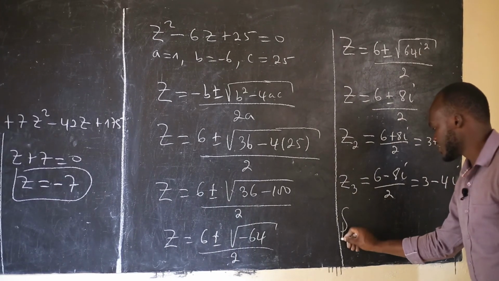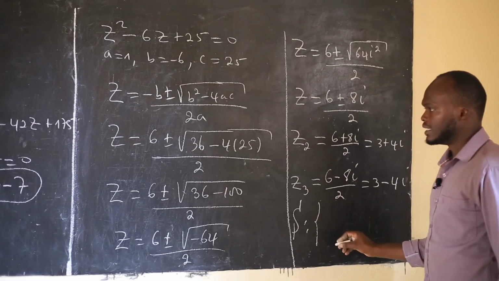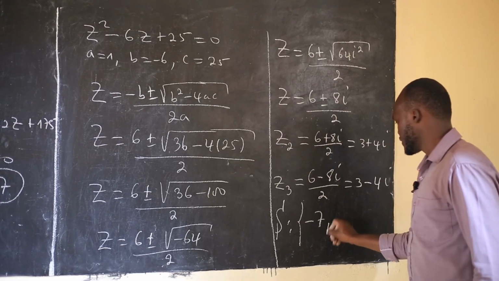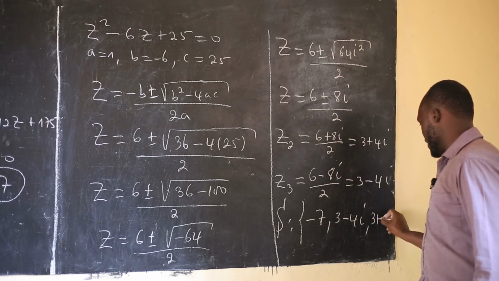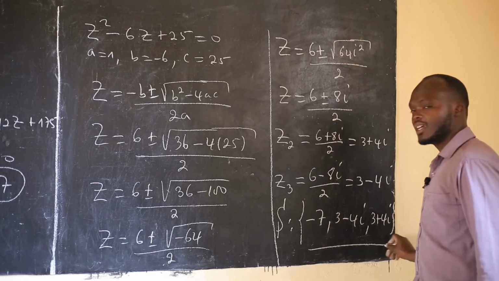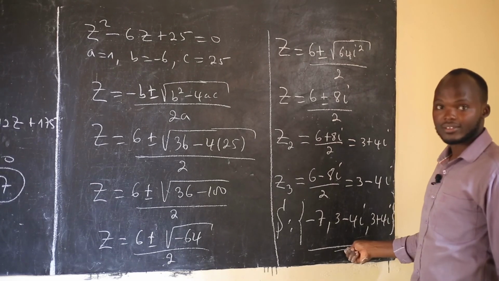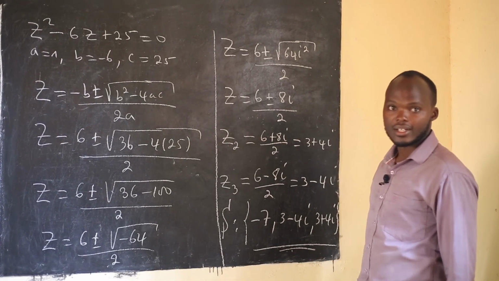So our set contains 3 roots, which are negative 7, 3 minus 4i, 3 plus 4i. That's the answer. I hope you don't have any question here. So let us go to other numbers.